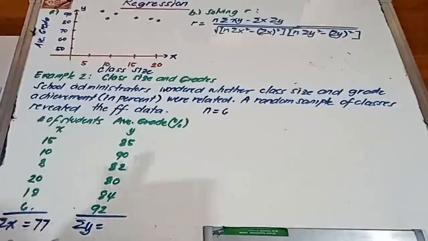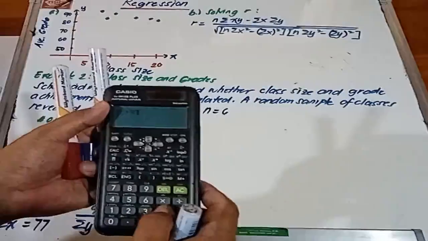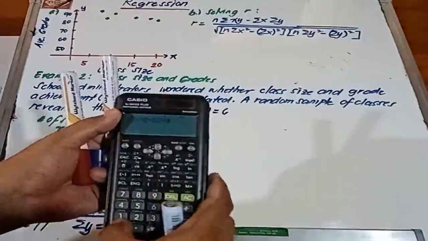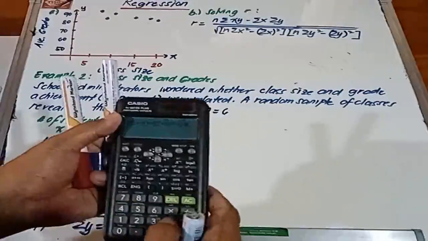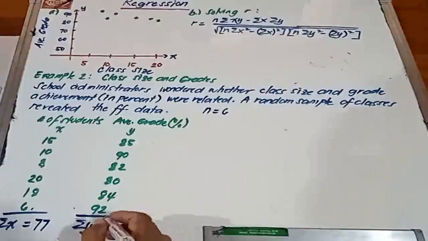Add natin, we have 85 plus 90 plus 82 plus 80 plus 84 plus 92. The summation is 513. Okay?